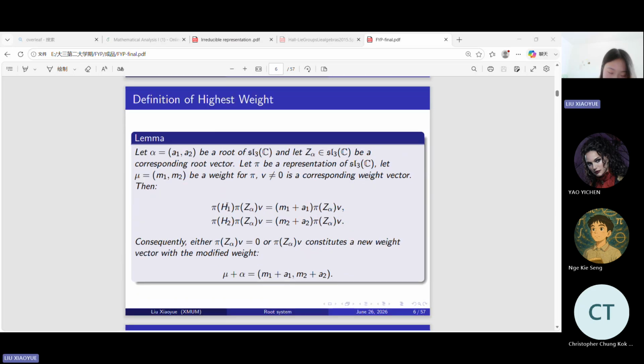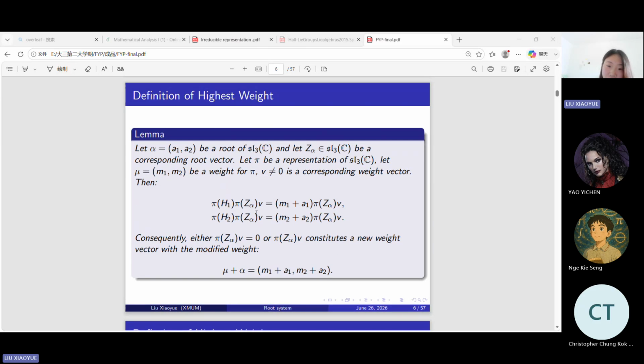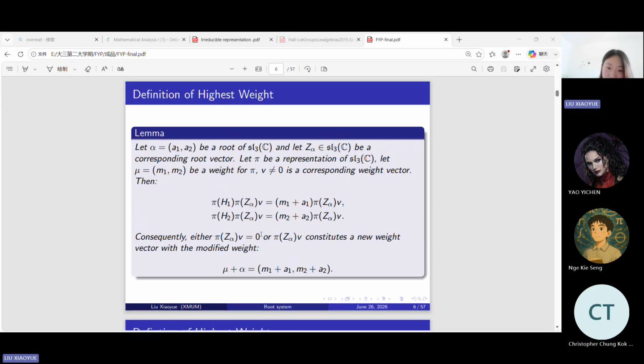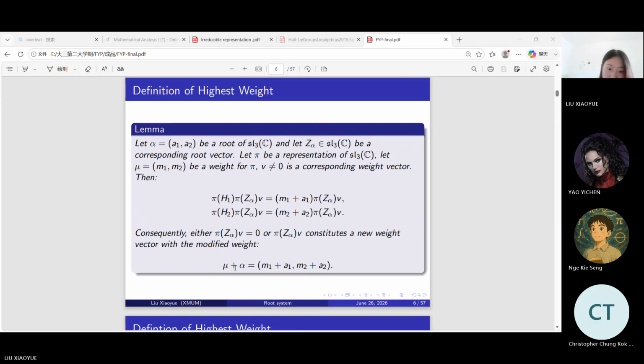This lemma says if alpha is a root of SL3 and Z alpha is a root vector corresponding to alpha, then if we apply Z alpha to the weight vector v, we obtain a new weight mu plus alpha if the action on v is not equal to 0.